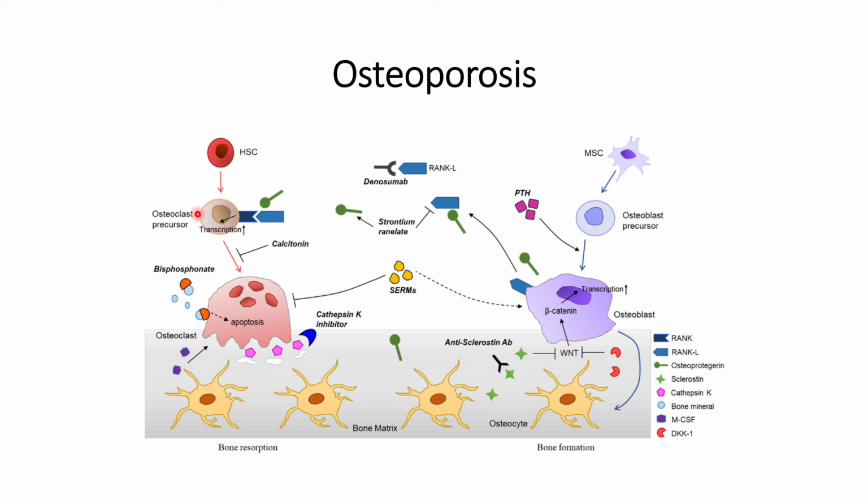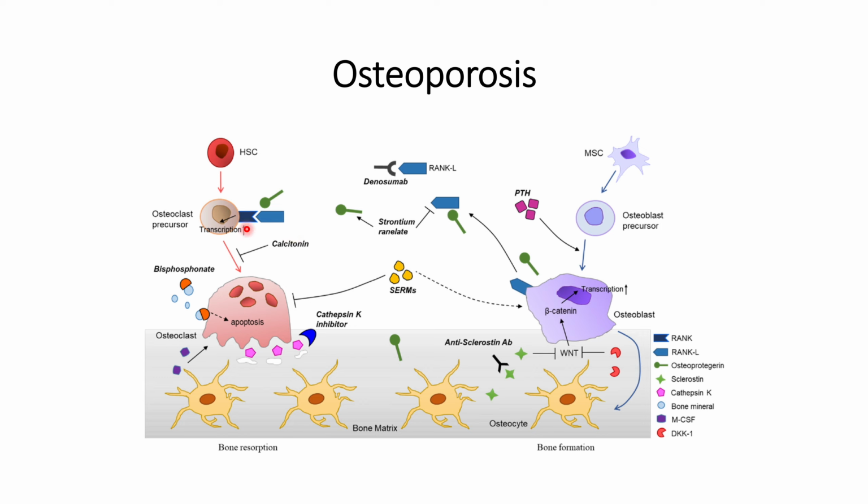Differentiation of hematopoietic stem cells leads to osteoclast precursors, and these precursors get activated through RANKL, which promotes RANKL signaling.